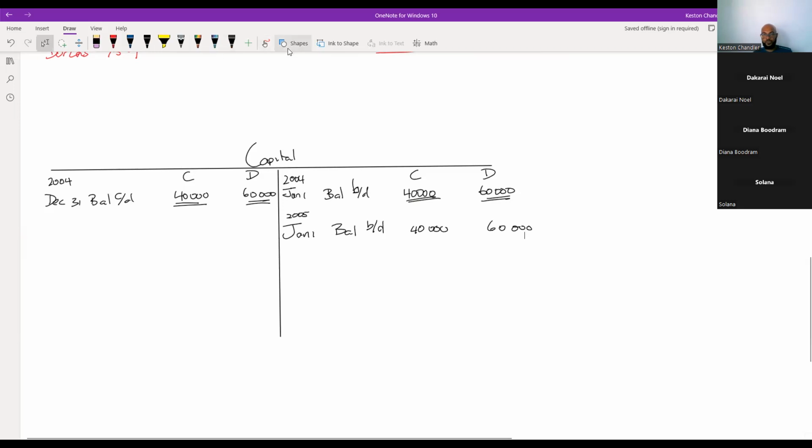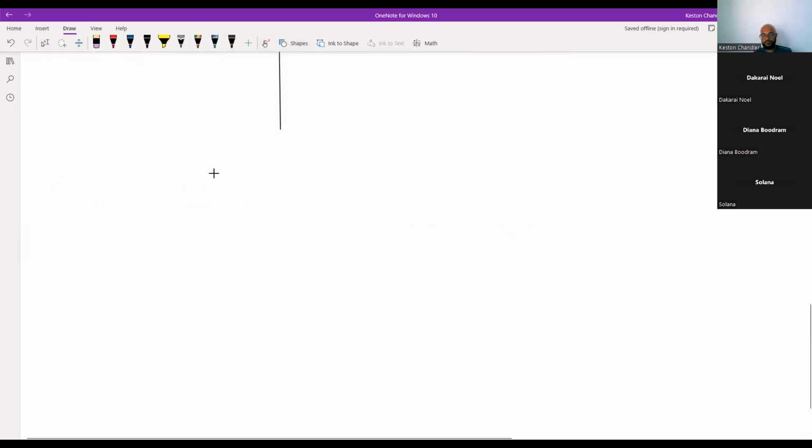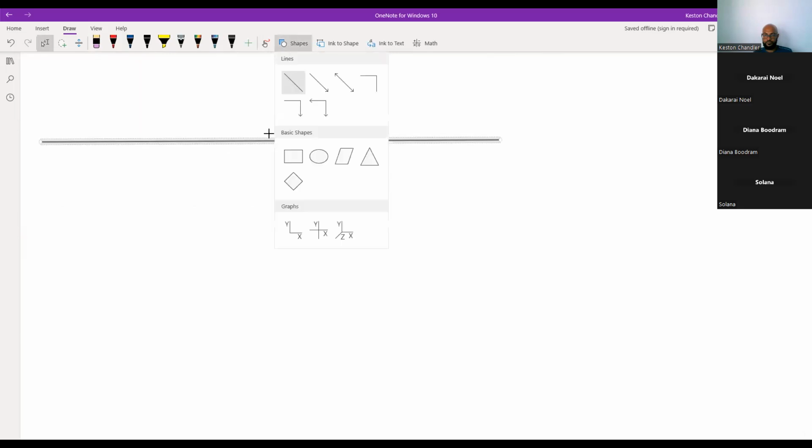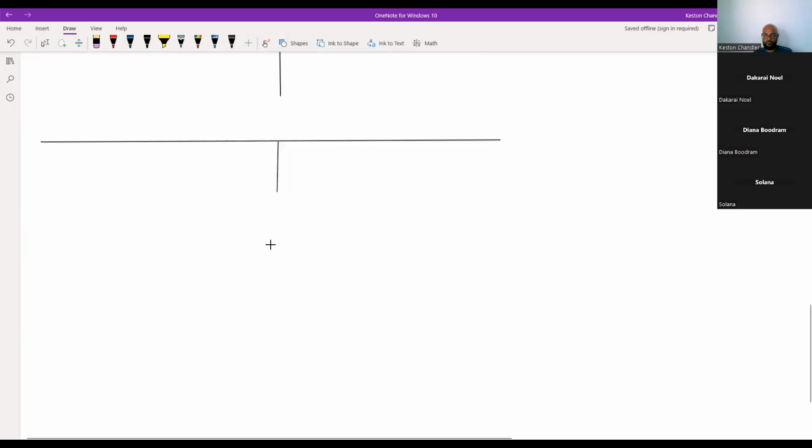The current account, you're doing the same thing in the sense that you need a column for Chris, one for Dorcas.